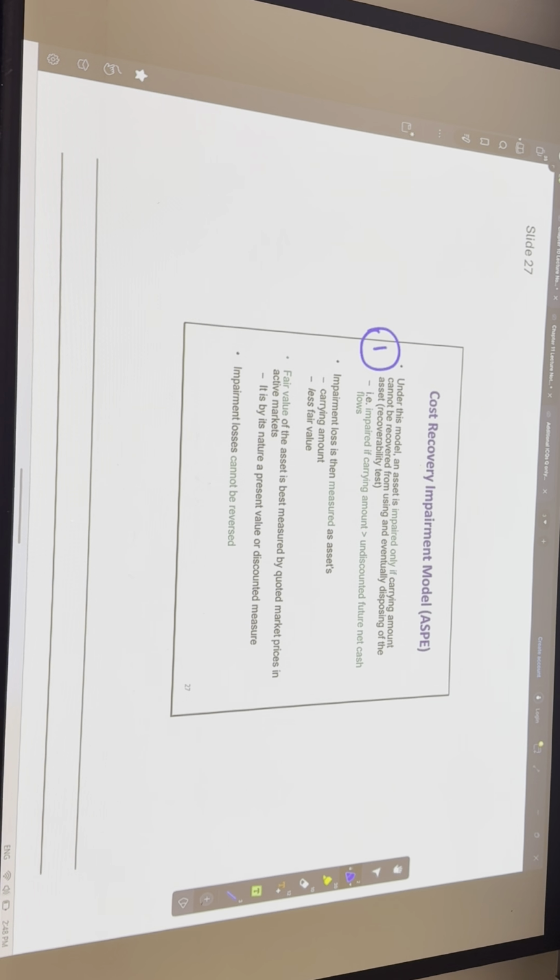So let's pretend that the equipment we're testing generates product A. Then we look at product A's future cash flow every year. That will be sales every year, less their cost of goods sold. So that would be the amount of cash flow each year, and it's undiscounted. You're going to add them up.